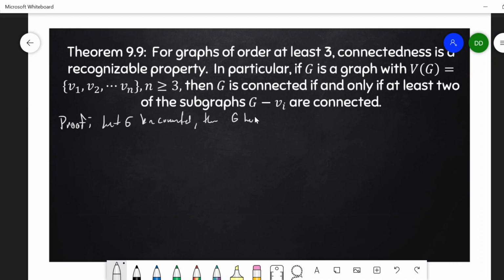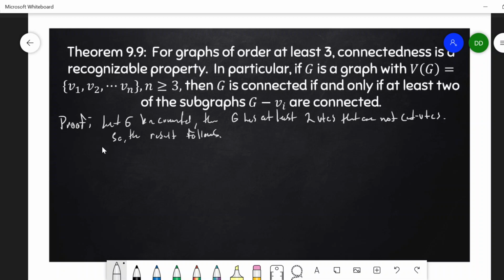Then G has at least two vertices that are not cut vertices, and so the result follows. That is, two of the vertex-deleted subgraphs will be connected, because those are the two non-cut vertices.